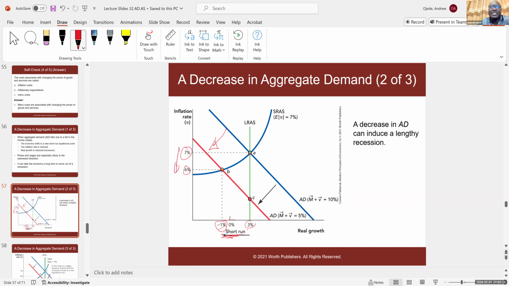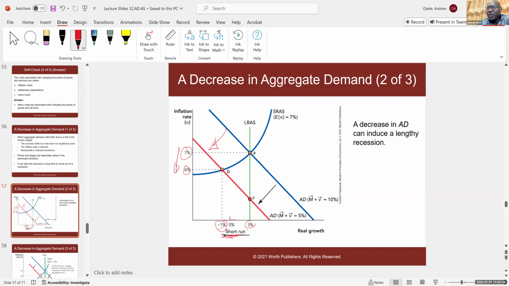When companies find it cheaper to produce goods, the short-run aggregate supply curve, this line here, is going to start shifting to the right, because companies are going to start producing more and more output due to the lower cost of producing goods.